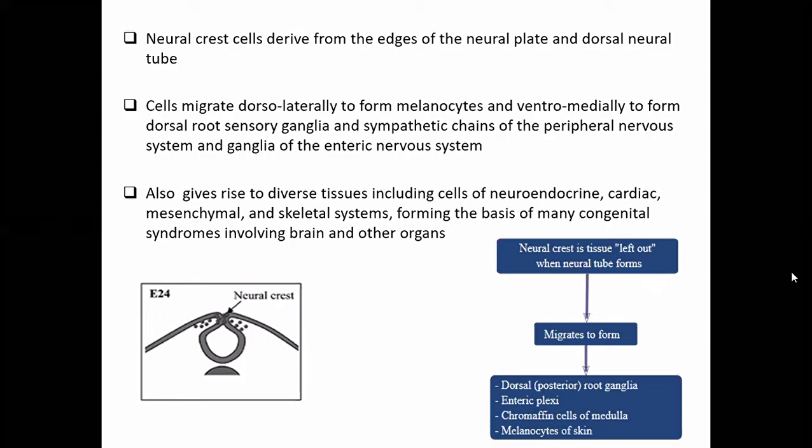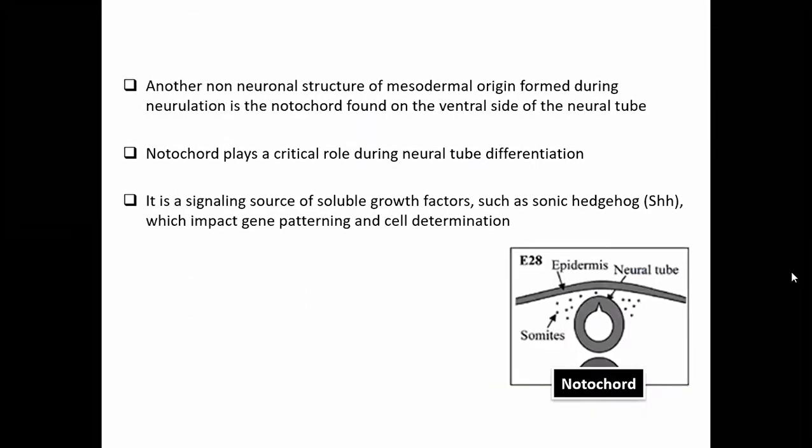You can see that from very micro cells, there are many processes and it goes to many forms of your nervous system. Then you have another non-neuronal structure, which you call your notochord. The notochord plays a critical role in your neural tube differentiation.